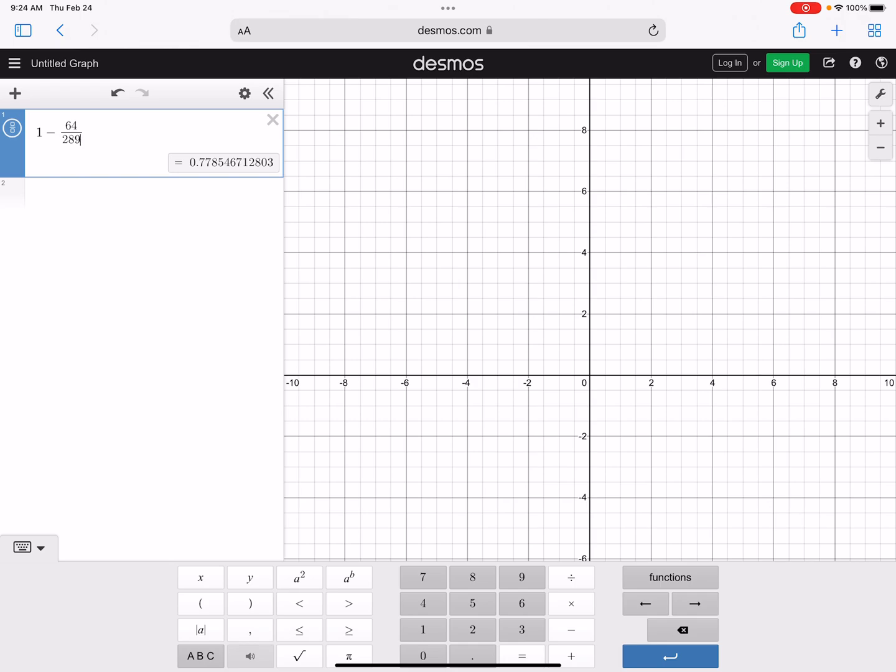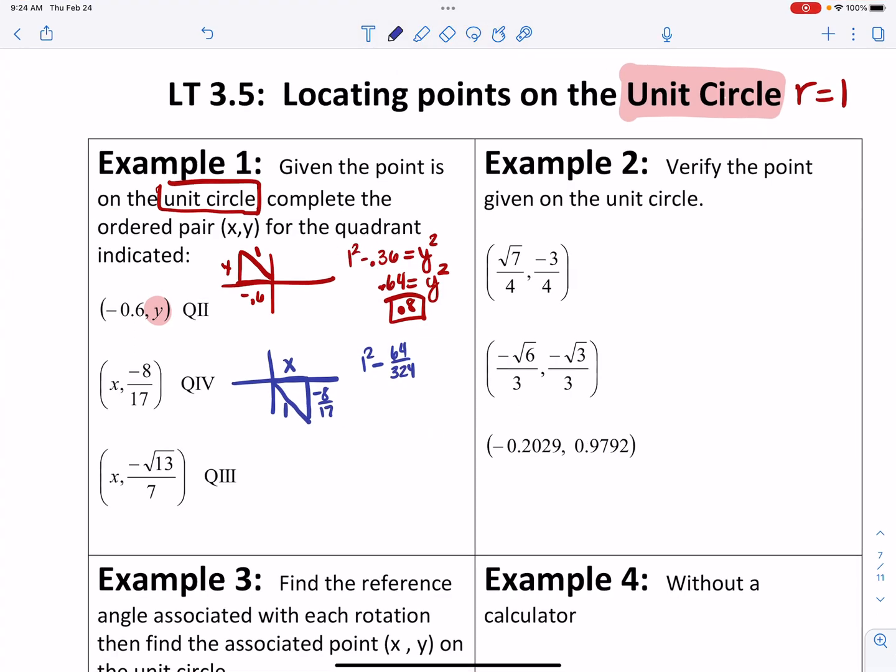I should just go get my calculator. I'm going to pause for a second and go grab it because I don't want to do decimals. This one works out nice.